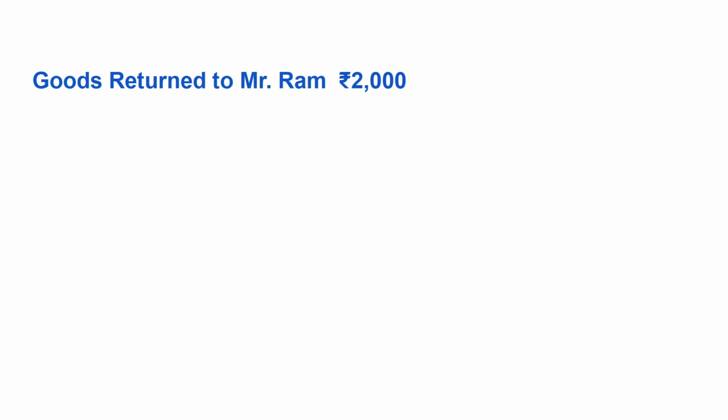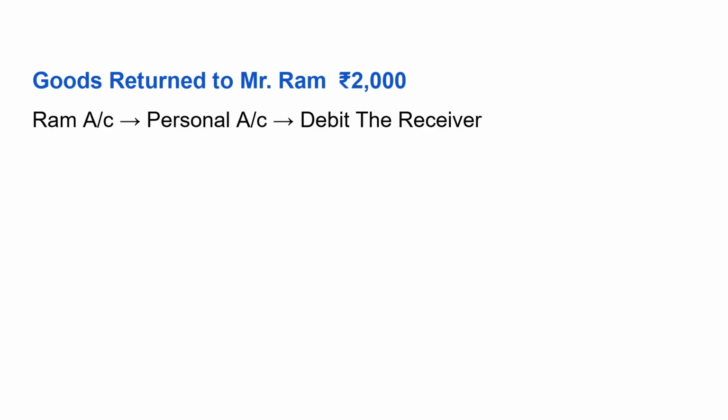Goods returned to Mr. Ram, 2,000 rupees. Here we have purchased goods from the supplier and now we are returning them to the supplier. So the two accounts affected are Mr. Ram account, because he is the receiver, and the other account is purchase return, because we are returning the goods. Mr. Ram account is a personal account and he is the receiver, so debit the receiver.